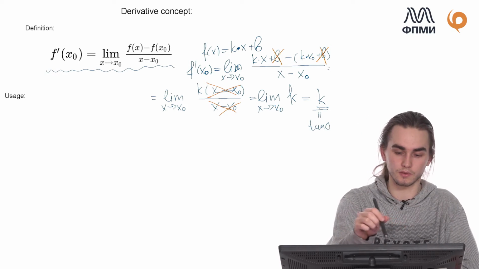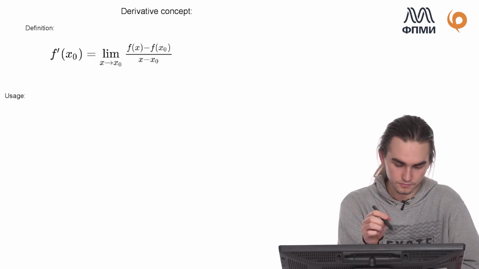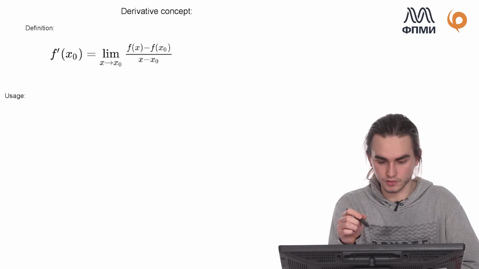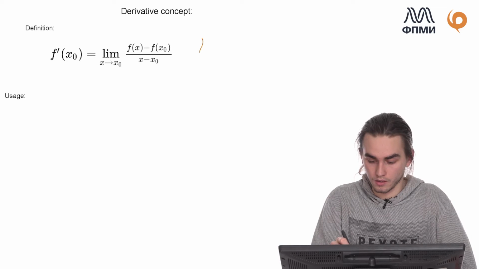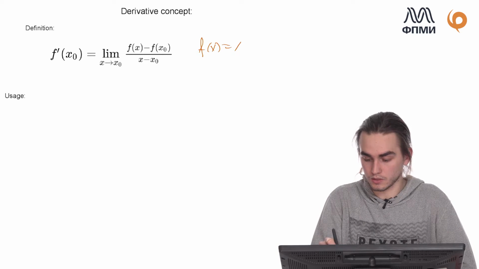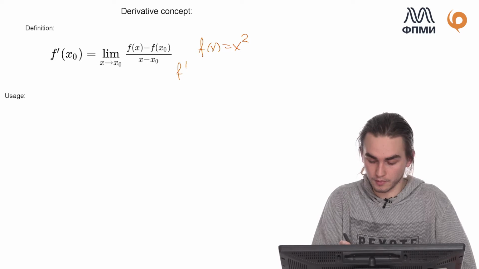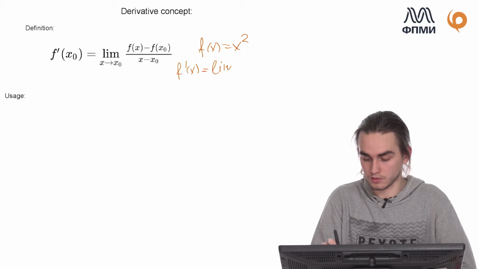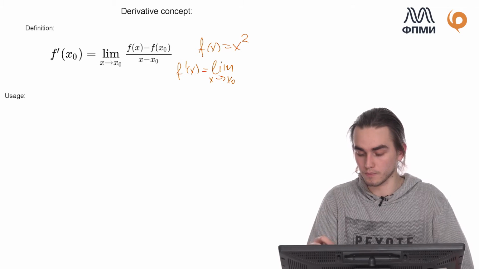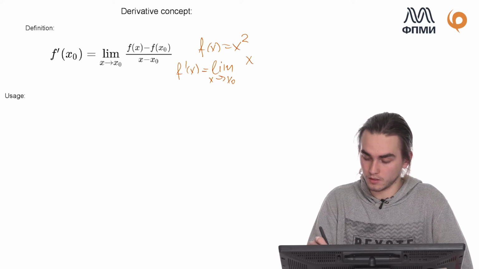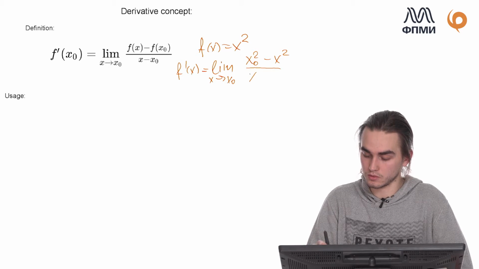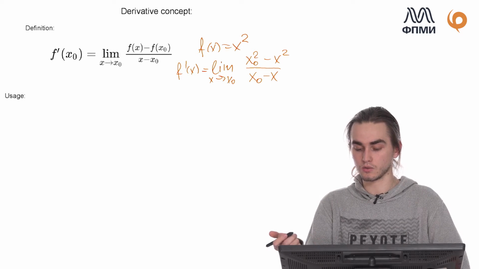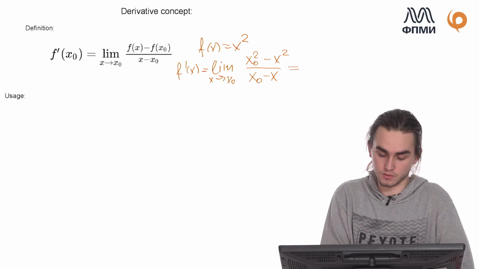So okay, let's do something more interesting, and I will take the derivative of x squared. Why not? F of x equals x squared, then f prime of x equals the limit as x approaches x sub 0 of x sub 0 squared minus x squared, divided by x sub 0 minus x. So what we can do here is actually pretty simple.